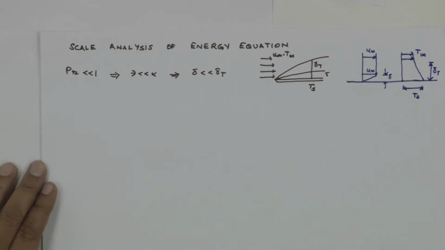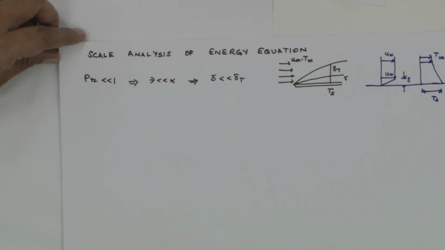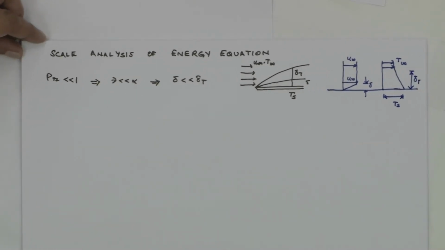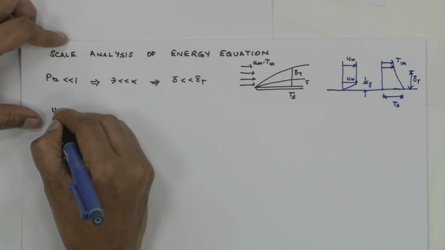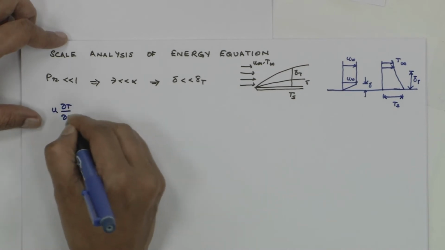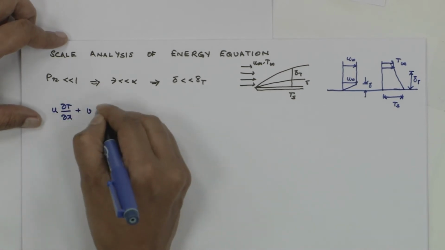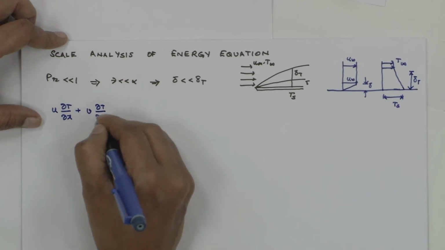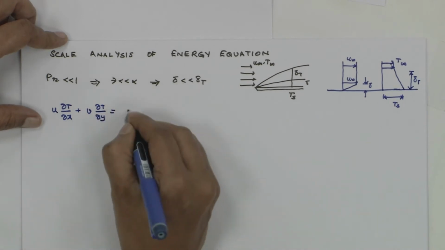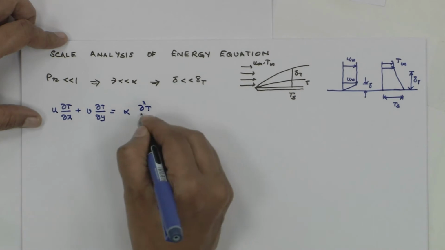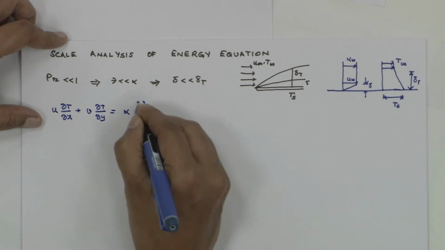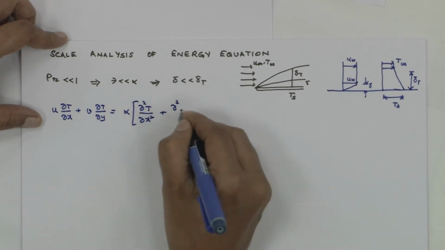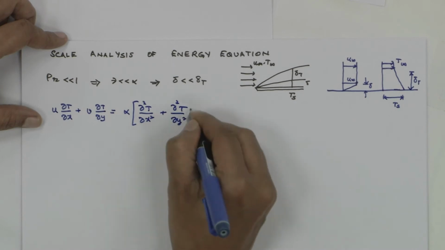Okay, so now let us get back to the energy equation: U del T by del X plus V del T by del Y equals alpha times del squared T by del X squared plus del squared T by del Y squared.